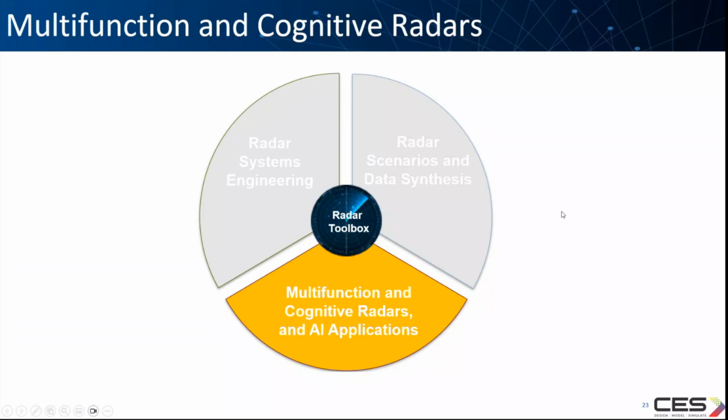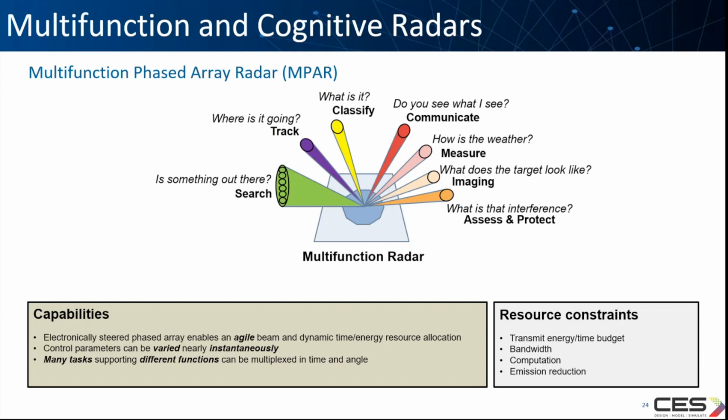Now let's see how we can design a multifunction and cognitive radar and integrate AI applications or AI workflows into them. First, let me tell you a bit about what a multifunction radar is. So far, we have been talking about traditional radar, a radar that can detect, search, track, classify, communicate. These radars are usually separate.